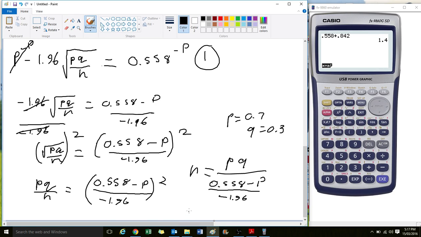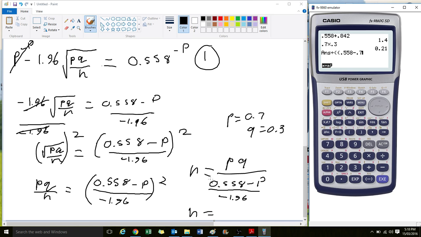So let's put these values into our calculator. We have 0.7 times 0.3. Perform this operation first, and we have 0.21, and this is divided by 0.558 take P, which is 0.7.